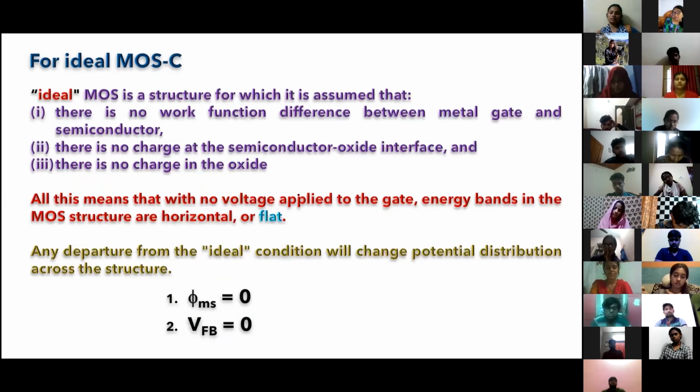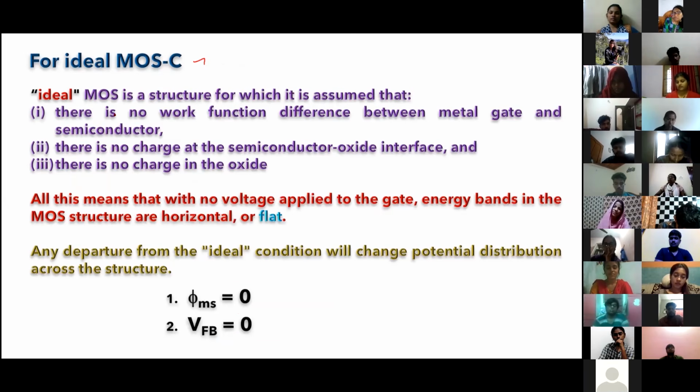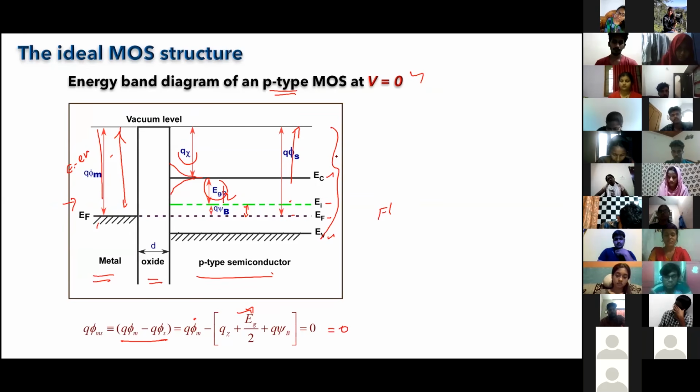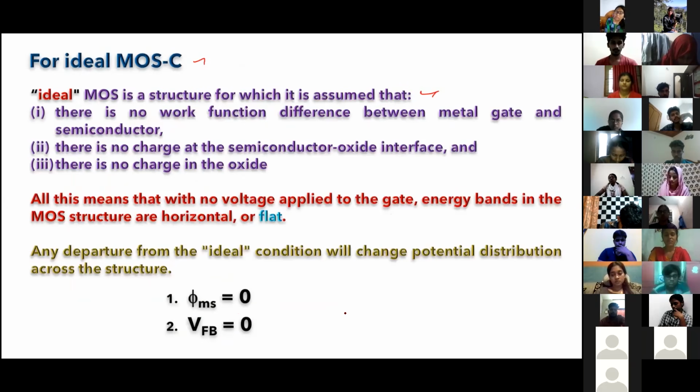See, for an ideal MOS, ideal MOS means you're not applying anything. An ideal MOS is a structure for which it is assumed that there is no work function difference between the metal gate and semiconductor. If you take this as a metal gate and this as a semiconductor, there should not be any difference between the work functions of these two. So if you subtract one from the other, it should go to 0. Okay.